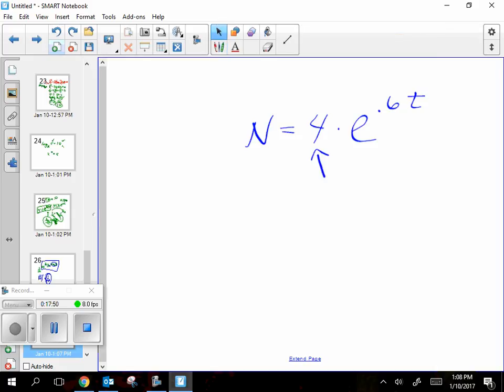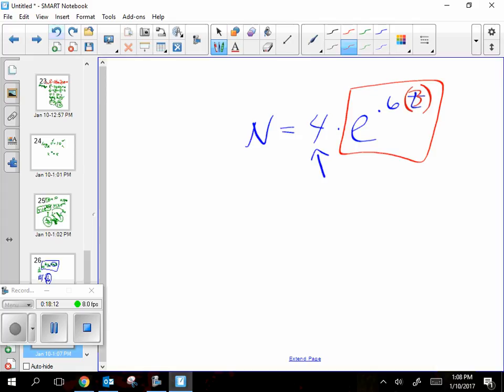Like, for instance, when will there be only 1 leopard left? Well, then you'd put a 1 right here and you'd solve. Or if they say, after 3 years, how many leopards will there be? Well, then you'd put a 3 here and you would solve. And once again, to actually solve it, you've got to get this clump alone. So you'd always divide by 4 first, and then you'd do a rewrite as a log.